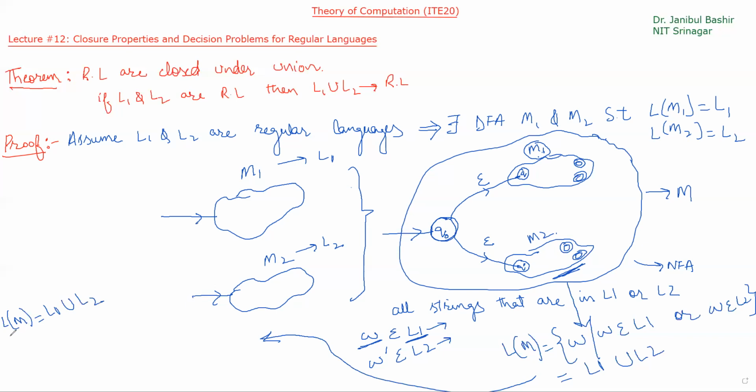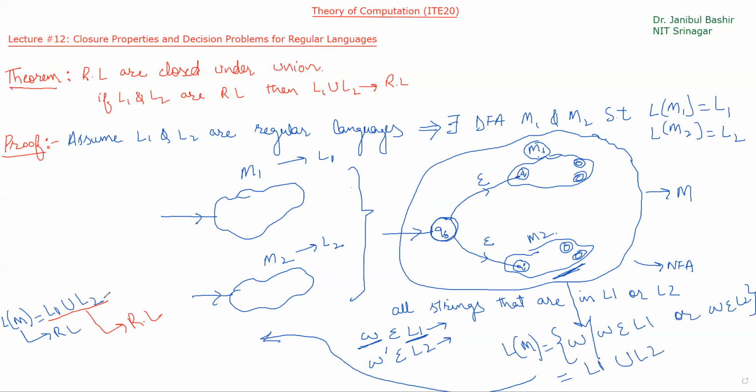And we know that the language accepted by an NFA is a regular language. So what does that mean? That means that if L1 and L2 are regular languages, then L1 union L2 is also a regular language.